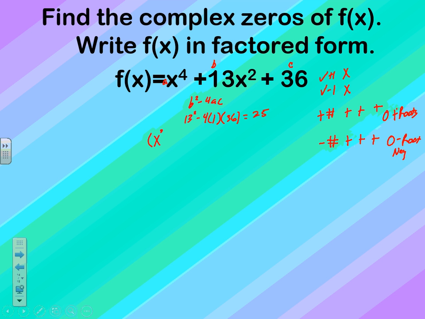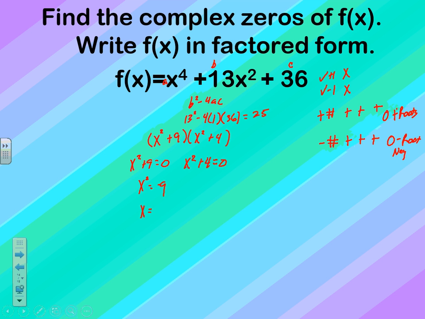We'll break this up to be x squared. The factors of 36 that can combine to give me 13 are 9 and 4. So I'm going to say x squared plus 9 and x squared plus 4. If I set each of these factors equal to 0, then here I get x squared equals negative 9.